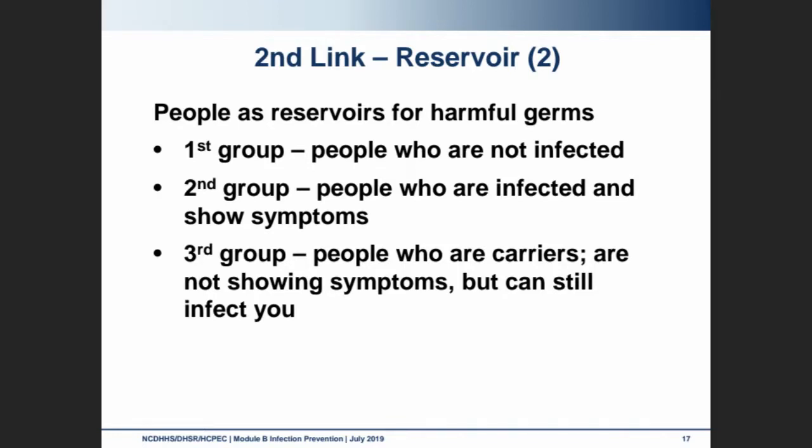So I have a microorganism, I have a germ, and I have symptoms related to that germ. The third group are people who are carriers, but they do not show symptoms. So what's important to remember about this is, because they are not sick and you don't know they have the infection, they are still carriers and they can still pass along that infection to others.